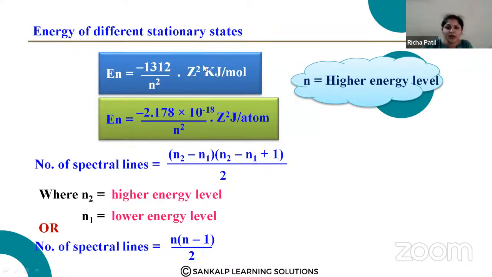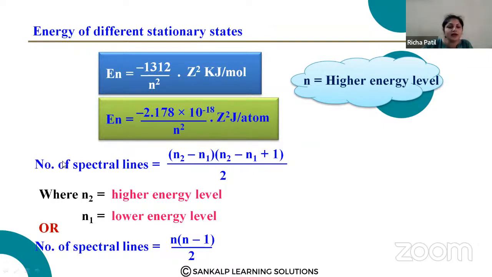When you want to calculate joules per atom, energy is given as En equals minus 2.178 into 10 raised to minus 18 into Z square joule per atom. These are the two formulas: to calculate the energy in kilojoules, use the first formula, and to calculate joules per atom, use the second.